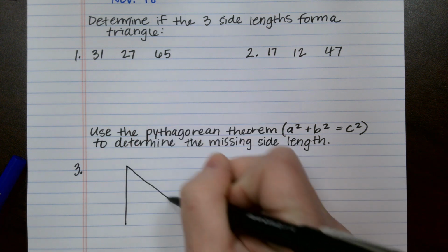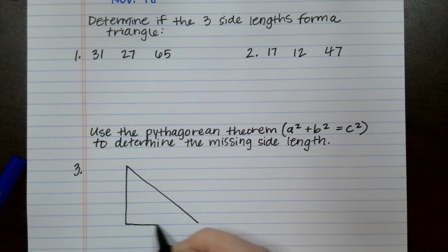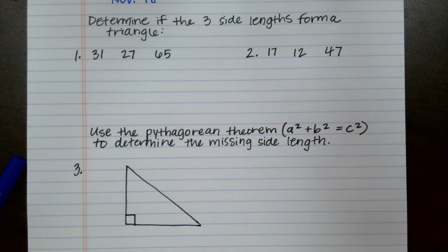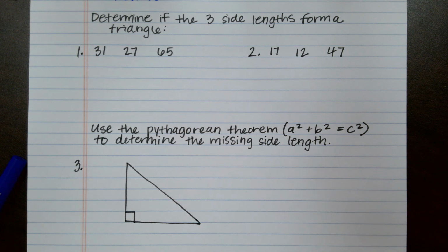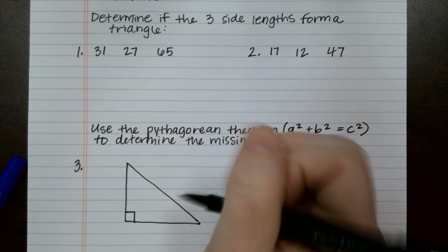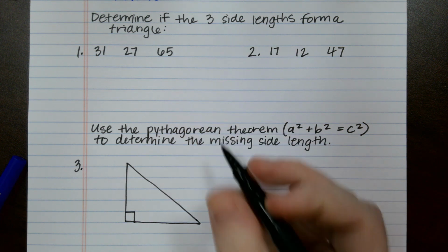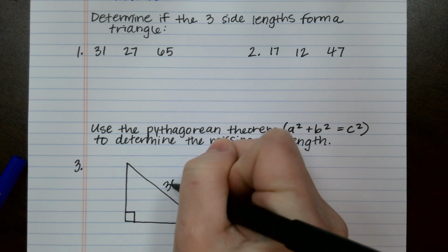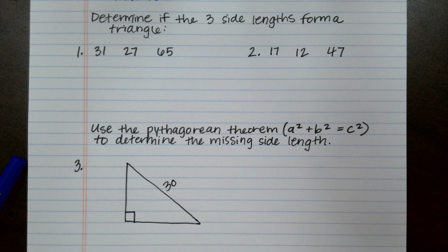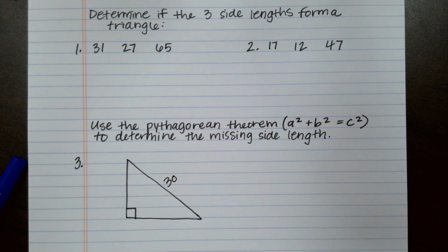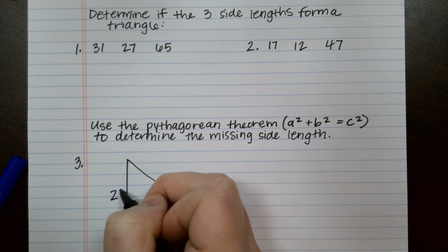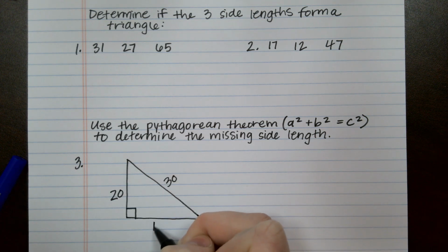I'm gonna draw a triangle. I won't give you crazy numbers this time. That was kind of mean. Could have been worse. Yeah, you're right. Let's go with 30. And let's solve for b.